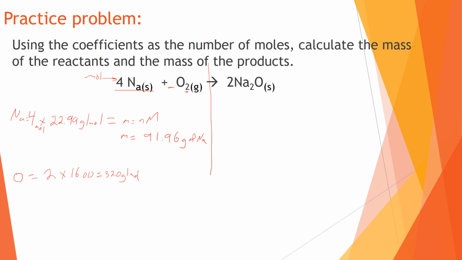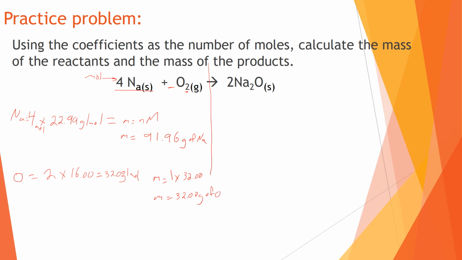The number of moles that I have is 1, so my mass is 1 times the molar mass, 32.00 grams per mole, which gives us a mass of 32.00 grams of oxygen.